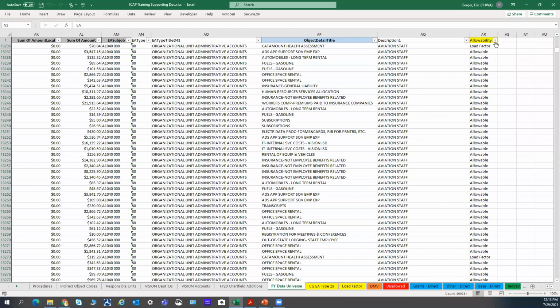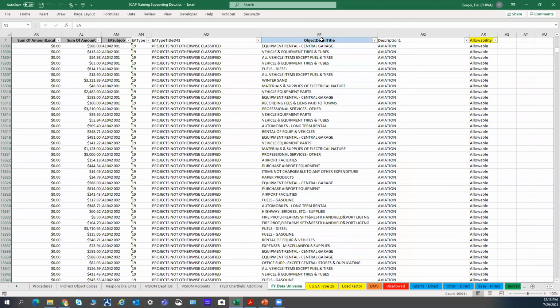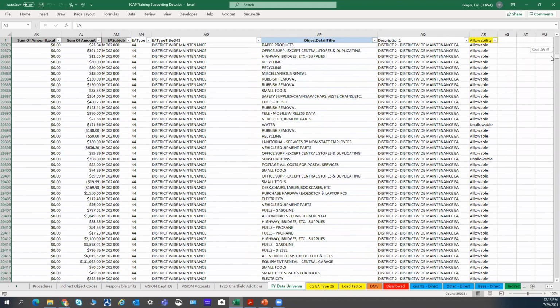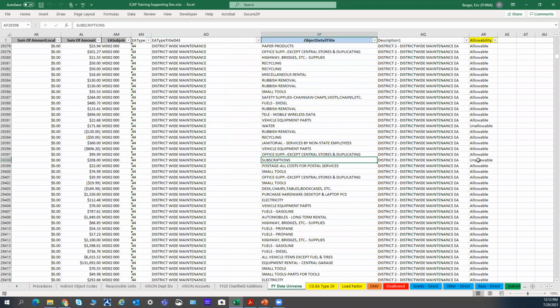As you scroll down here, and I dare not try this, you can see some things are considered load factor. Here's your object detail title, which is very important. But you can see that right off the bat from this universe, they started tagging allowable and unallowable. Oh, here's a subscription right here that's unallowable. They were able to identify that.